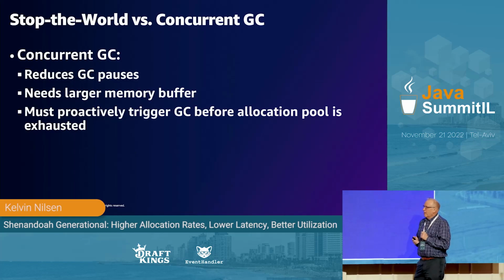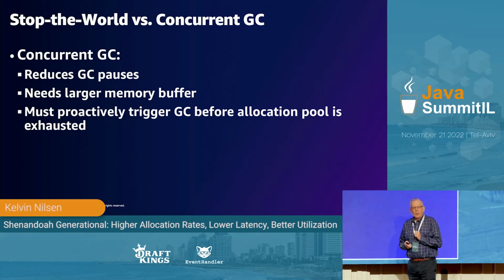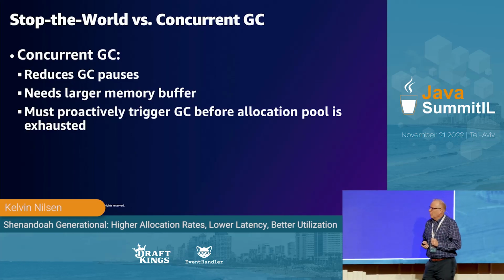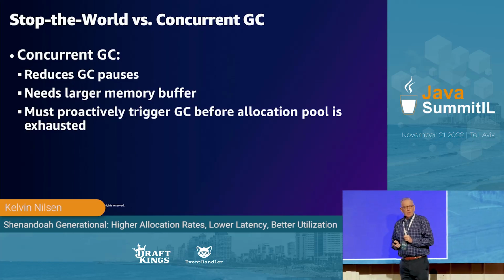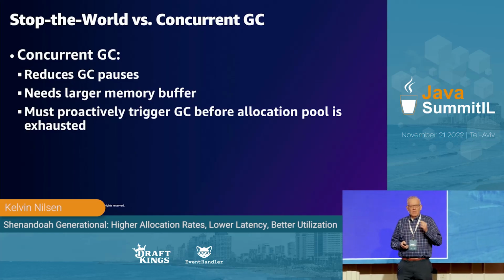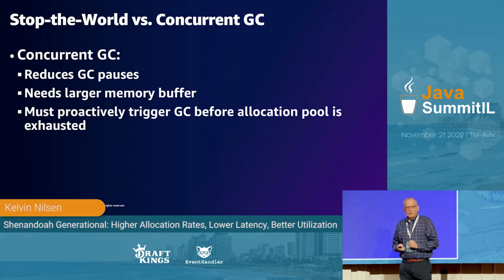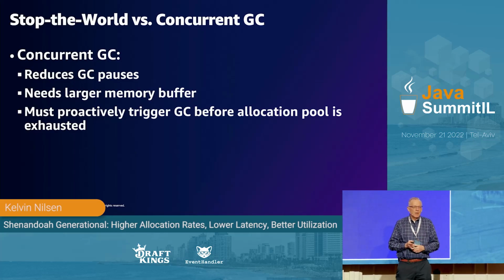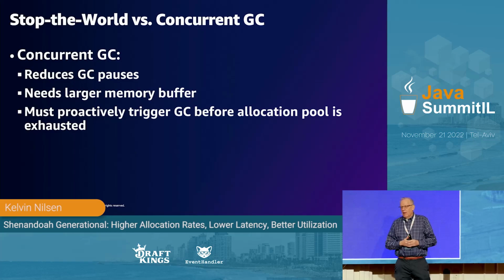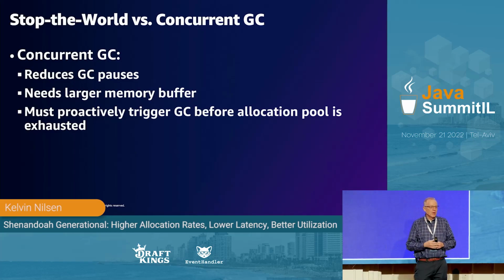On the other hand, we need a much larger memory buffer, and I'll motivate that claim in a moment. The other point I want to make is that with a stop-the-world garbage collector, the question of when do I perform garbage collection is much easier. The answer is, well, I do garbage collection when I run out of memory, okay?